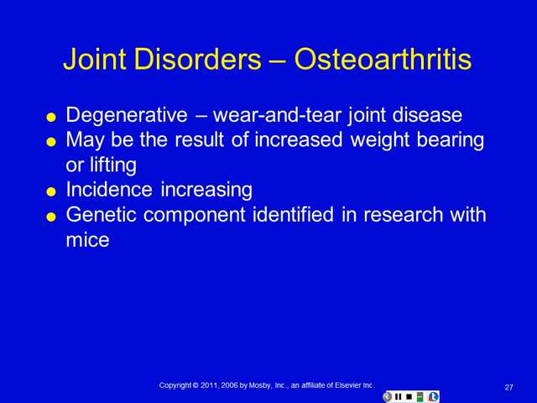So osteoarthritis is that wear and tear arthritis. The incidence is increasing, probably because our population is getting older. There is a genetic component. If your mom and grandmother had osteoarthritis, you probably will too. And it probably has to do with how durable your joint surfaces are.